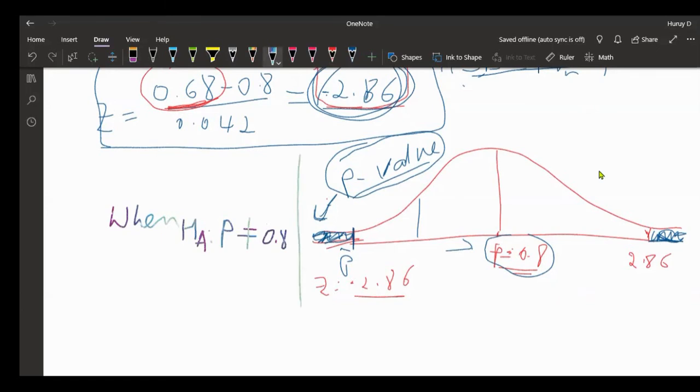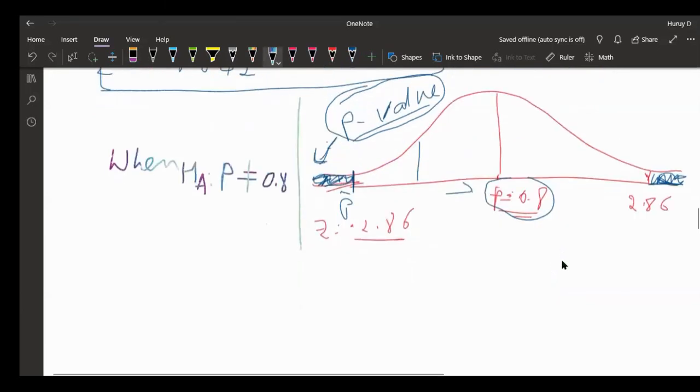If this was your alternative hypothesis, then your area would be on both sides. This is the difference that I was mentioning earlier. Okay, so the area would be on both sides because of this one.